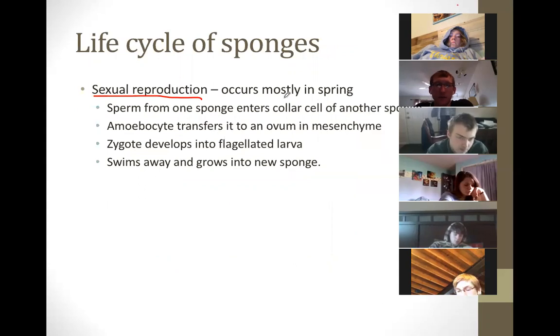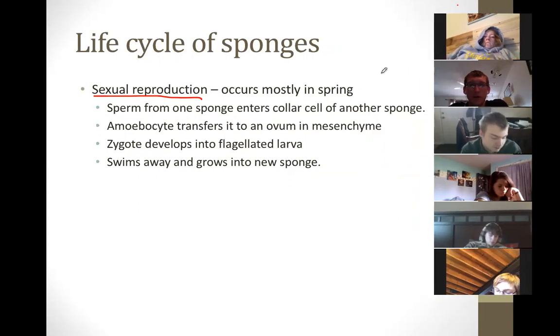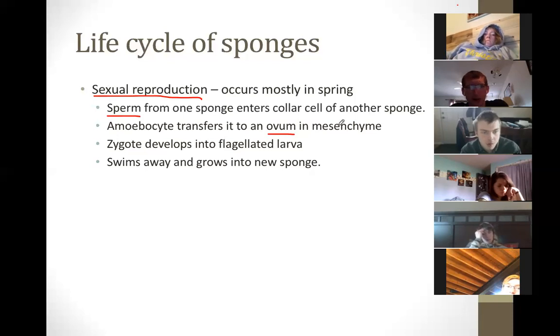This is pretty much going to go on in the spring. And essentially what's going to happen is there's a few different ways this can work, but the sperm from one sponge has to make it to the egg of another sponge. Sometimes this goes to the female sponge in the mesenchyme. The one I'm going to show you in a video here in a minute, it actually happens in the open ocean, which is crazy and seems like would give you terrible odds.